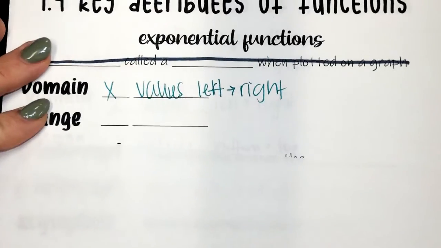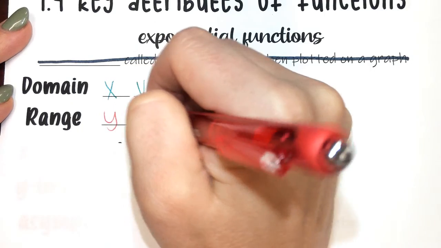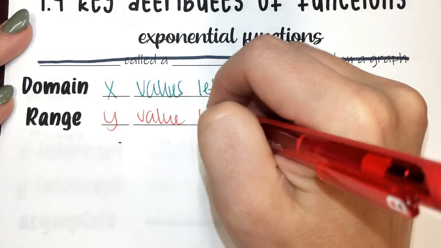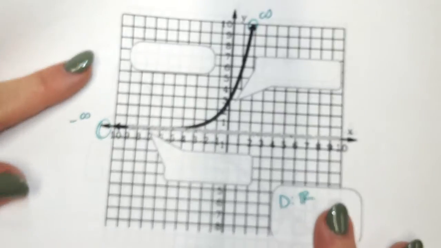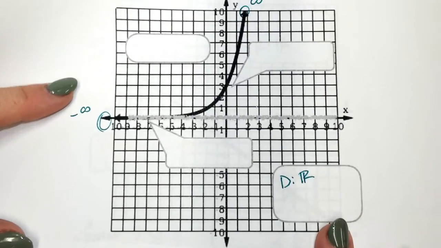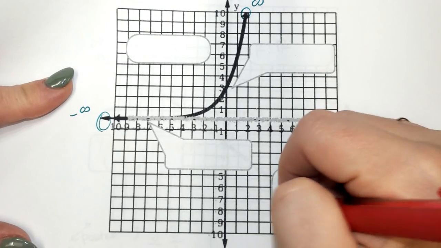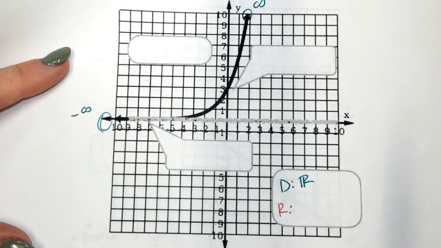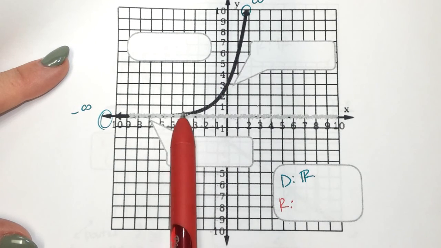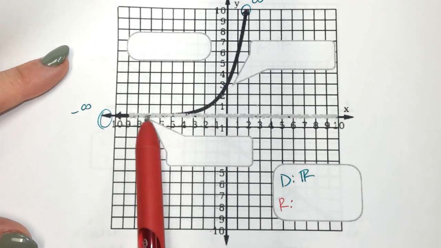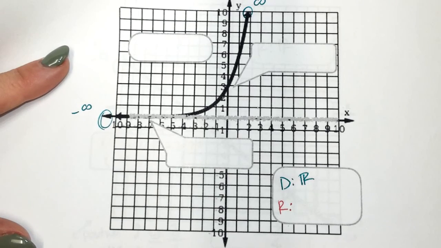My range is always going to be my y values when we scan from bottom to top. The unique thing about exponential functions is that we can see it's defined here, but there's a point at which this exponential function starts flattening out, and then we have this line which we'll mention in a second.